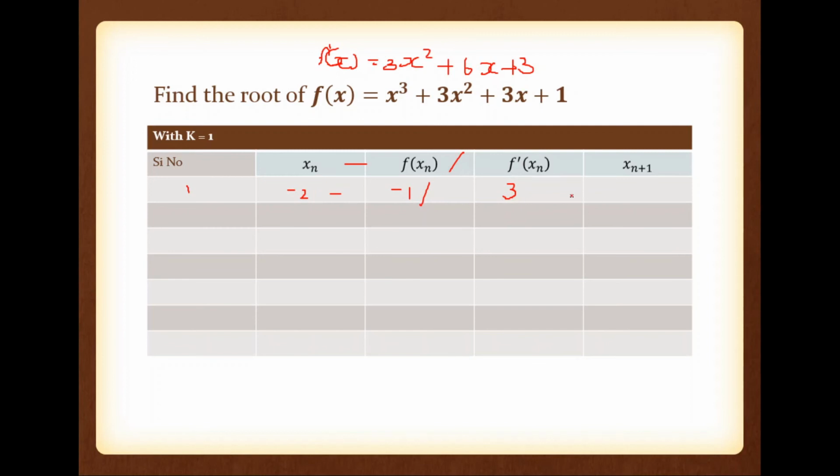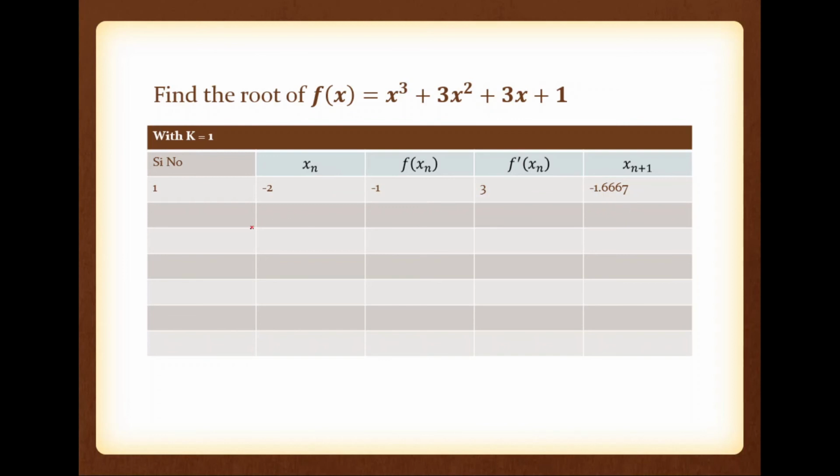So we have minus 2 minus (minus 1) by 3, which is minus 1.667. At this point we have a round-off error. Actually, it is 666 continuing, so that is rounded to minus 1.6667. So the first iteration gives minus 1.6667.